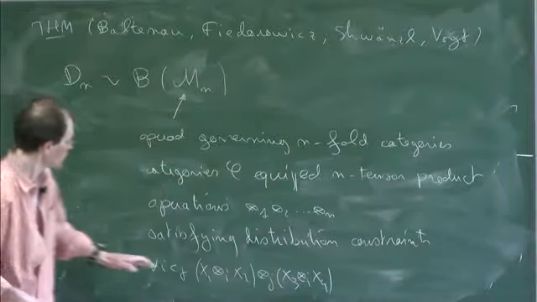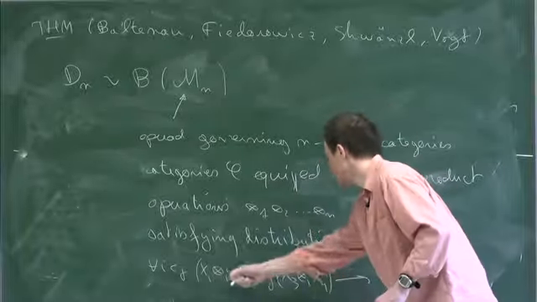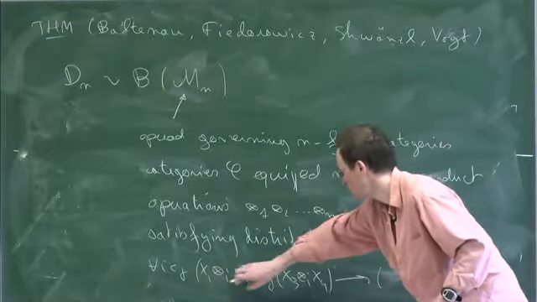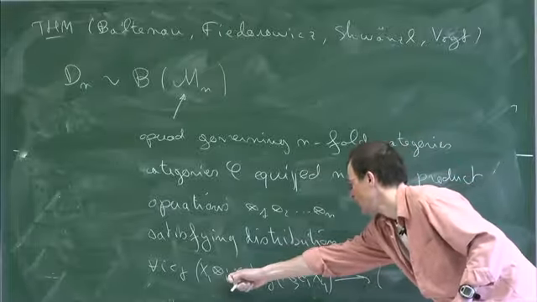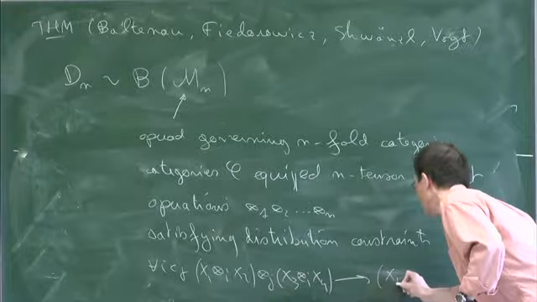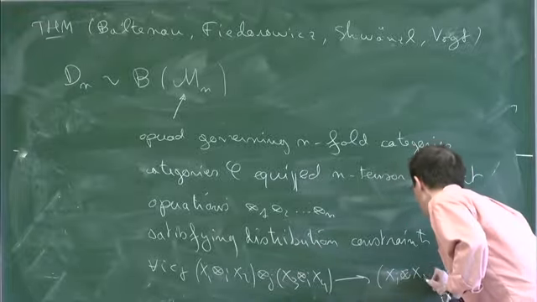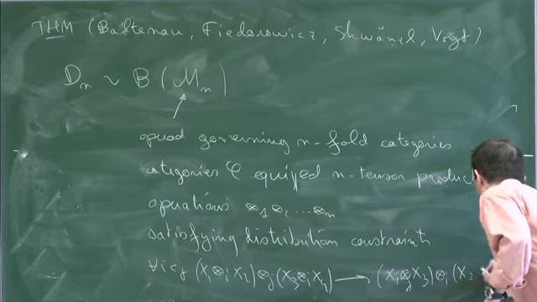And it is assumed that you have a morphism going from this composite of tensor products to a composite where you switch the roles of tensor i and tensor j. I mean, you first form x1 tensor j x3, and then x2 tensor j x4.